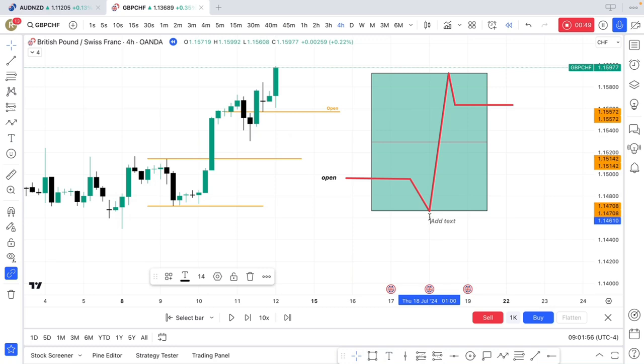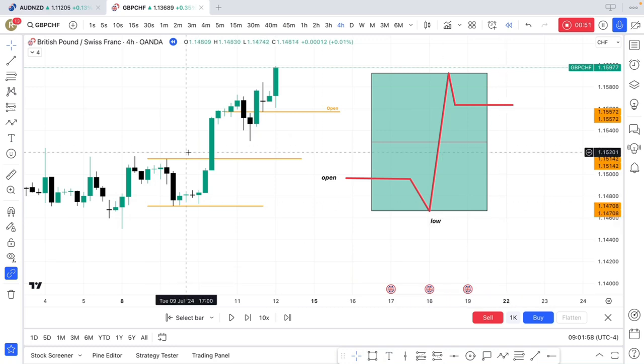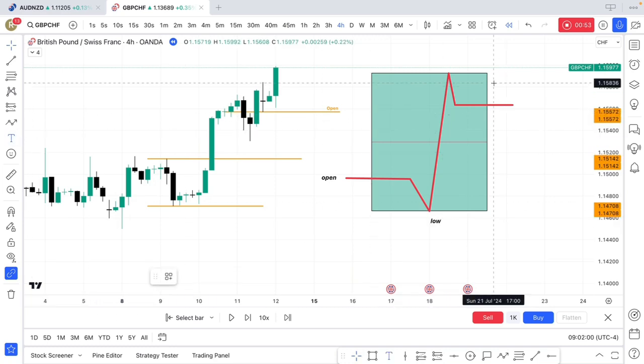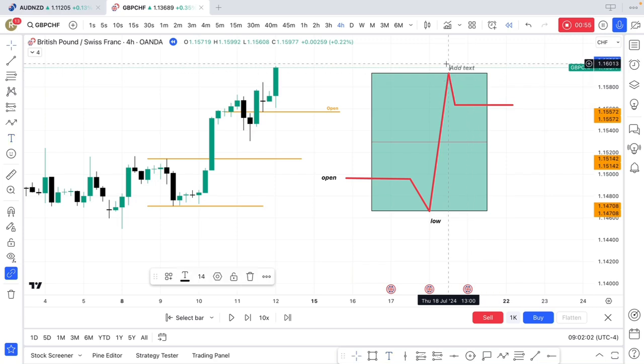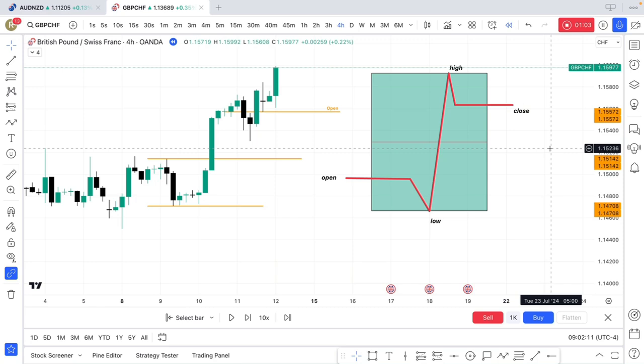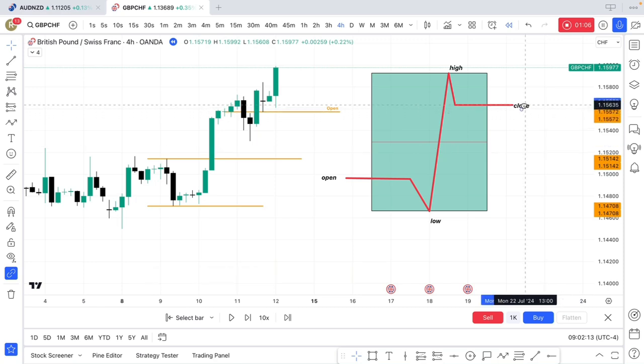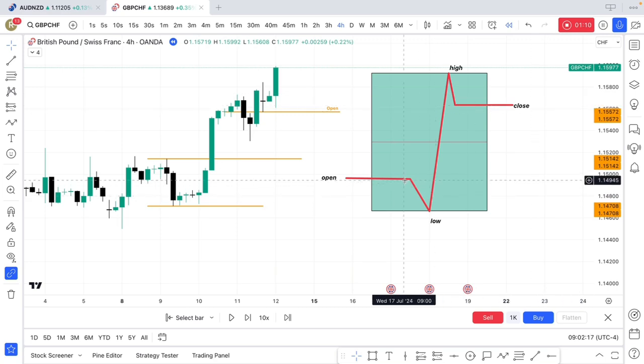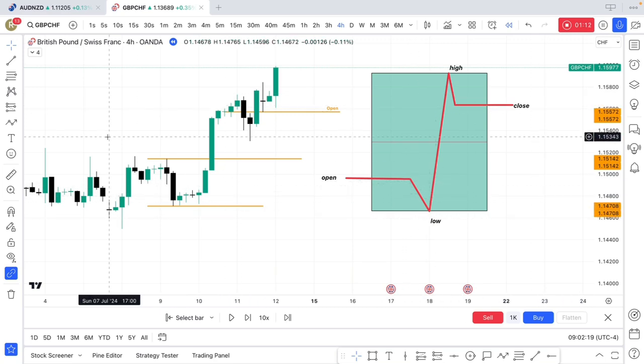This is a low, and then this is a high, and then we have the close. That's how the candles have been designed. These are the closes. Between the opening and the low is what we call the manipulative stage. This side.